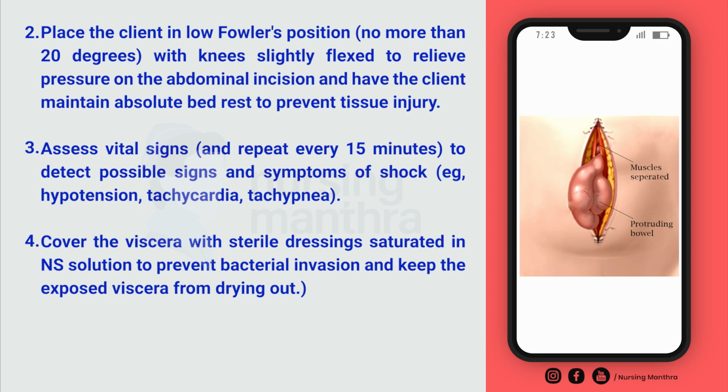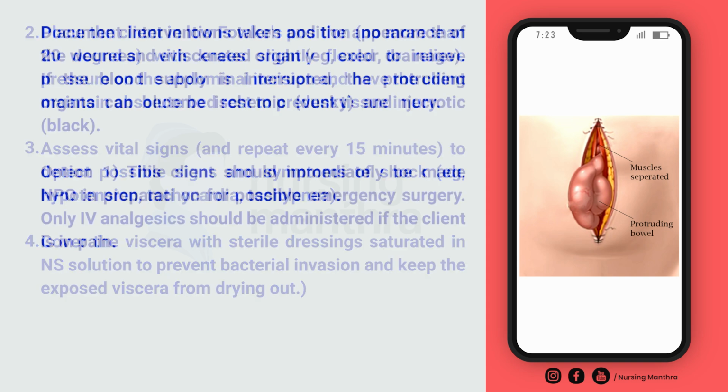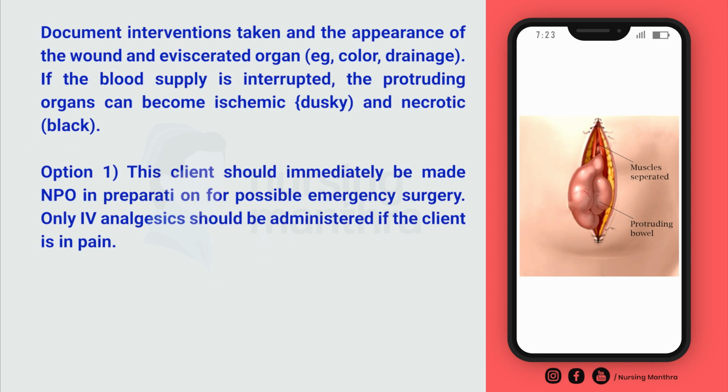Then we have to cover the viscera with the sterile dressing that is saturated in normal saline solution to prevent bacterial invasion and keep exposed viscera from drying out. We have to document all the interventions taken and the appearance of the wound: the color of the eviscerated organ, the color of the wound, and any drainage.